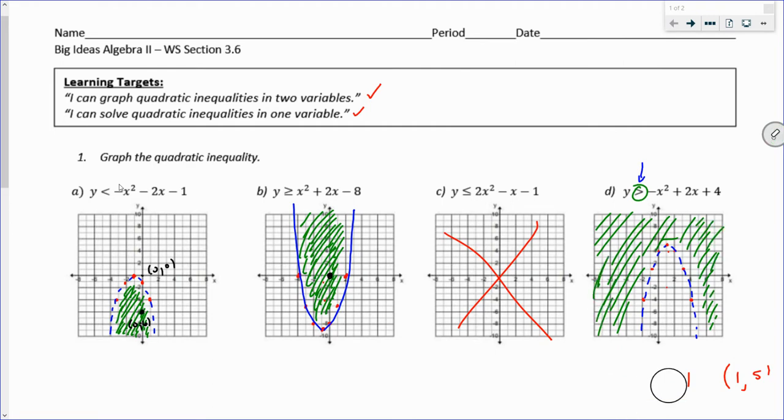Again, if we want to test it, say I pick a point of 0, 8, it should work. 8 is greater than or equal to negative 0 squared plus 2 times 0 plus 4. And in fact, 8 is greater than 4.